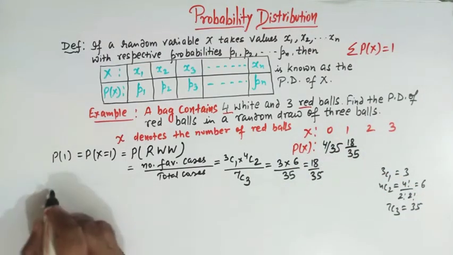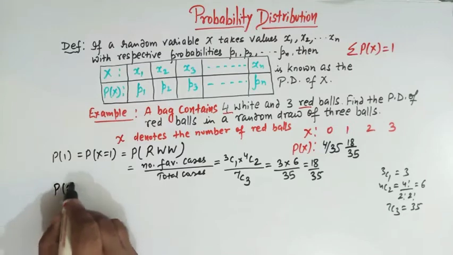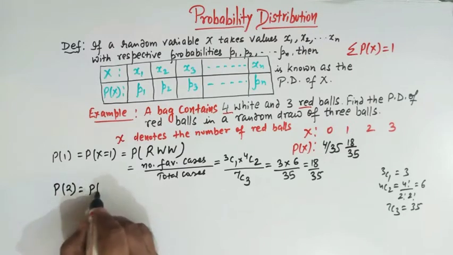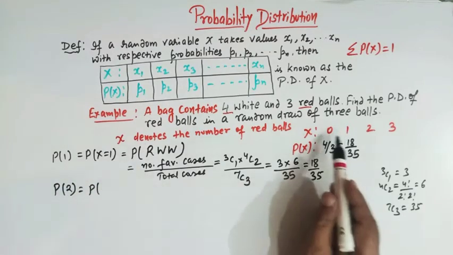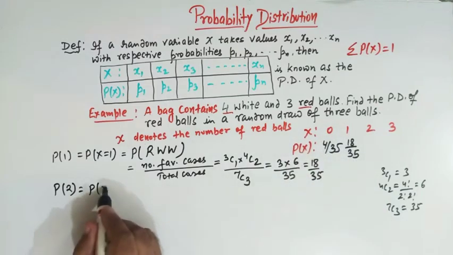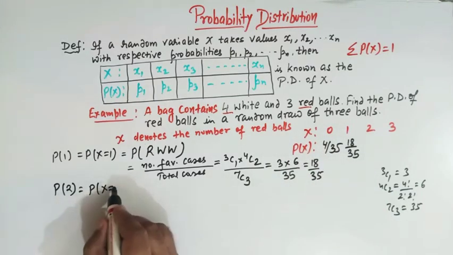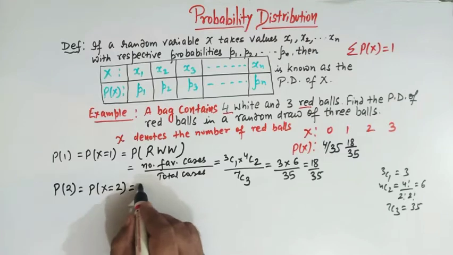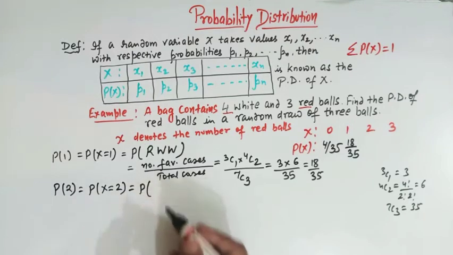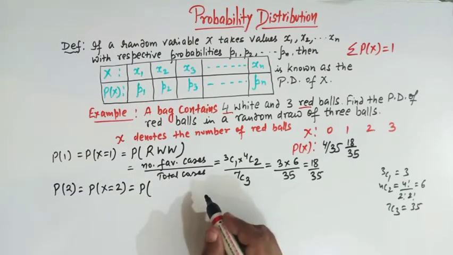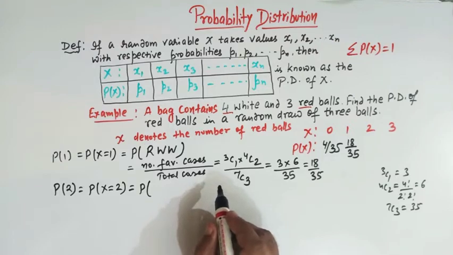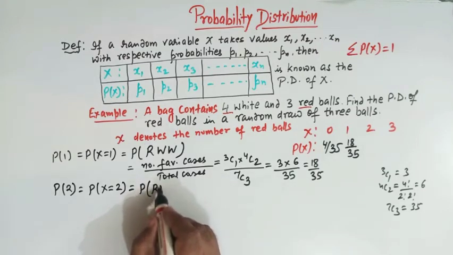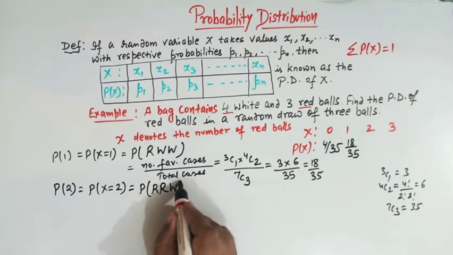Now we have to find the value of P of 2. It means the probability when the random variable x takes the value 2, and it means we have to find the probability of getting two red balls and one white ball.